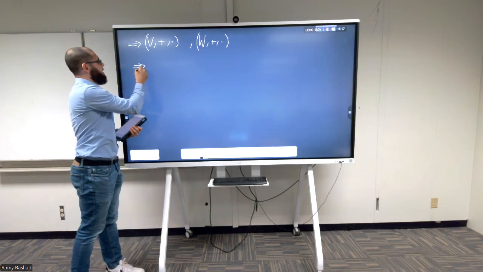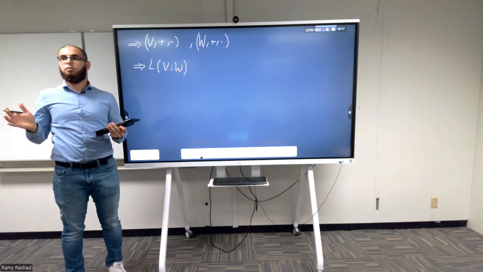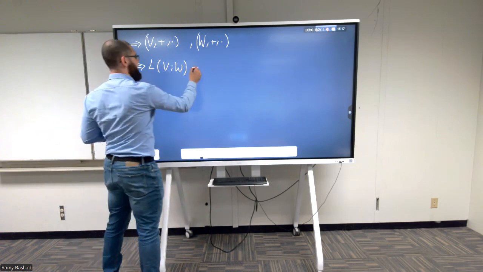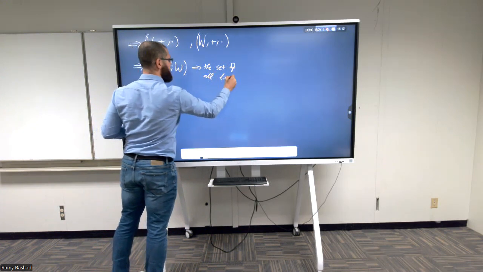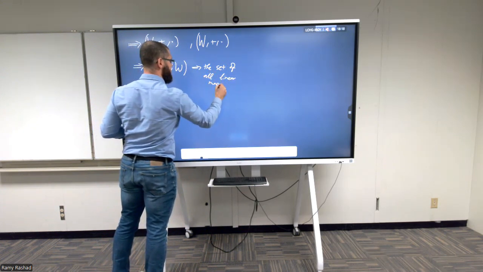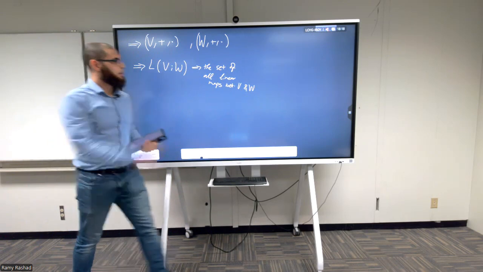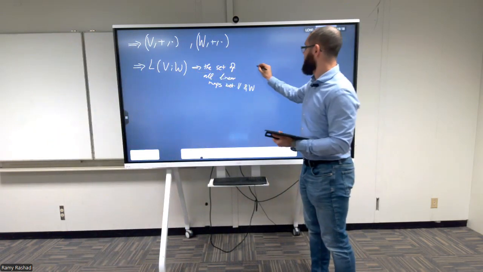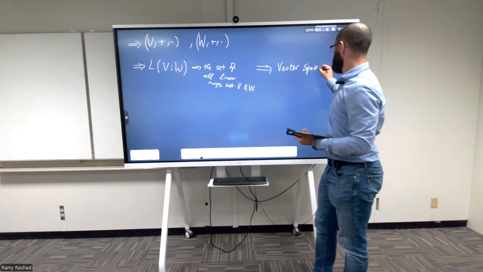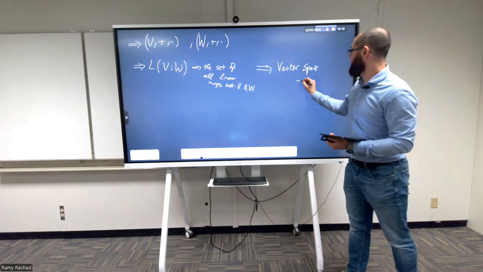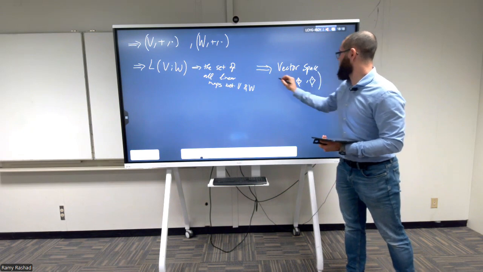And if we have L(V, W), which is what? This is defined as the set of all linear maps, they have to be linear, between V and W. This set I can make into a vector space structure if we give it some sort of plus and scalar multiplication that we haven't talked about.